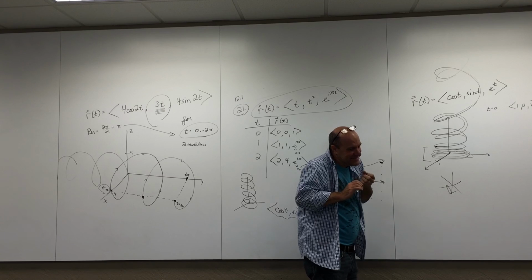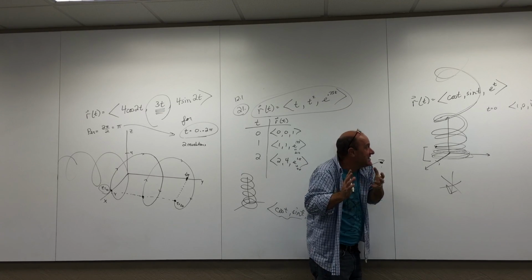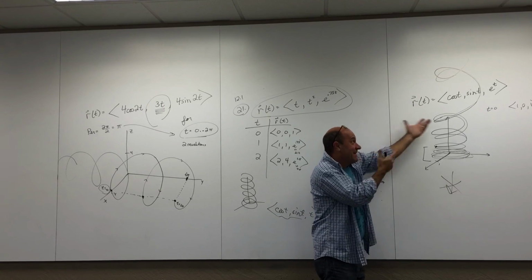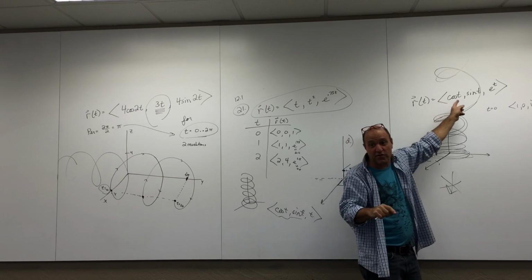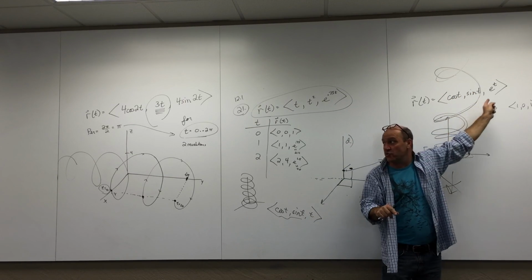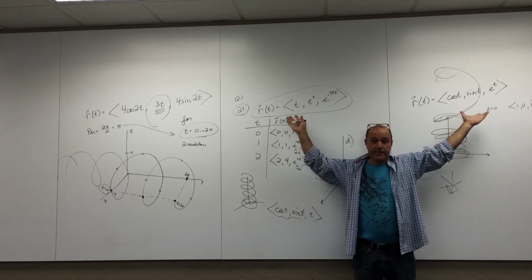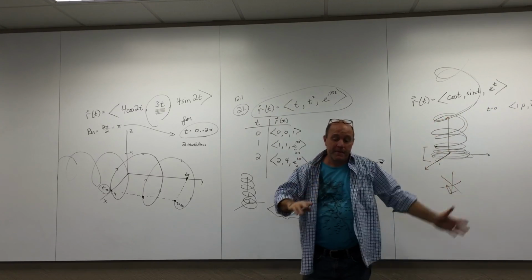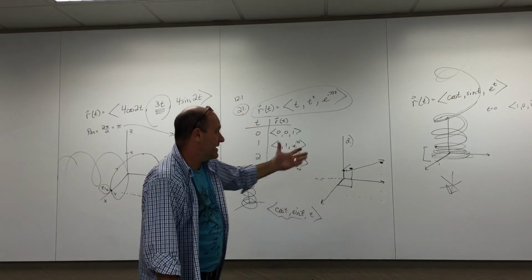The point is to try to teach you to critically analyze these guys. It's our circular motion, but then the behavior in the z direction is exponential rather than linear. And that makes it a little different.